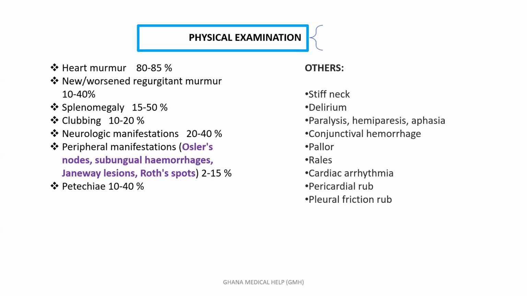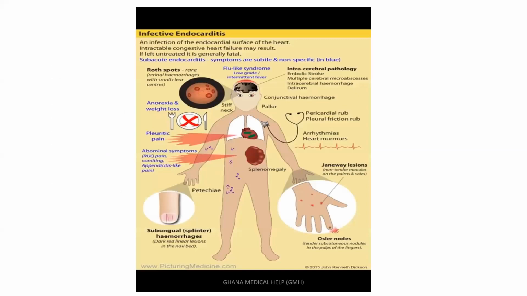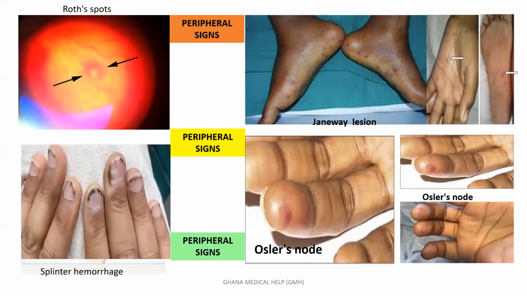Others, we have neck stiffness, hemiparesis, conjunctival hemorrhage, pallor, rash, cardiac arrhythmia, pleural effusion, friction rub. So these are some of the peripheral signs that we can see.